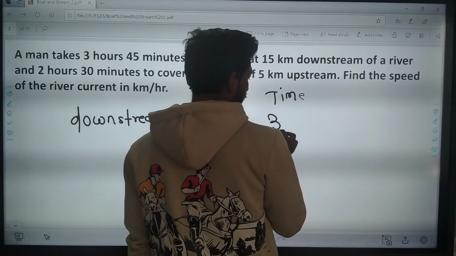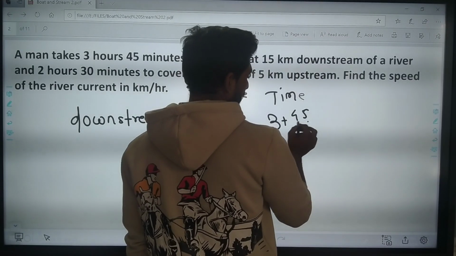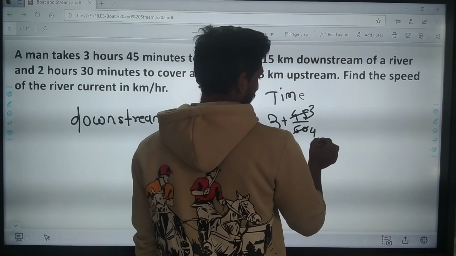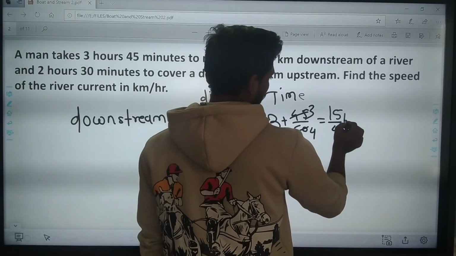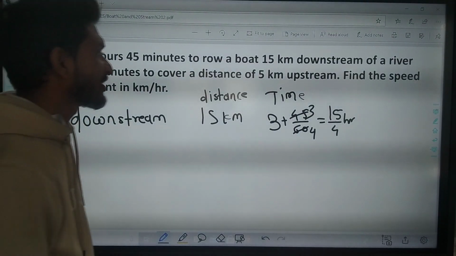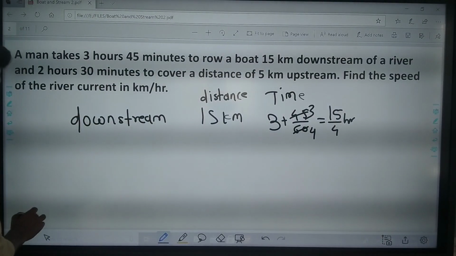3 hours 45 minutes means 15 by 4 hours. Then we write the downstream speed.